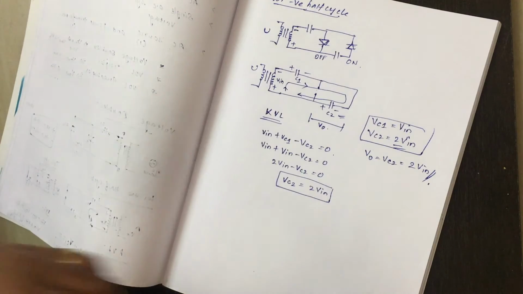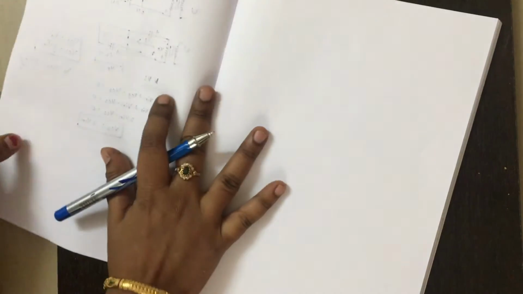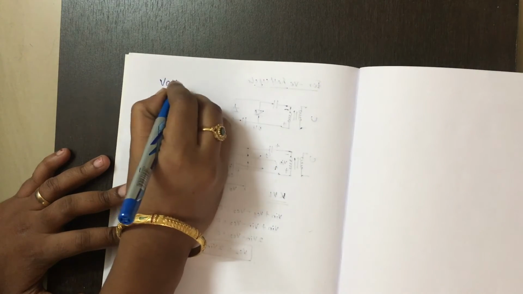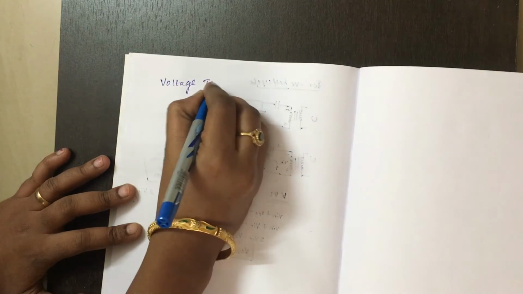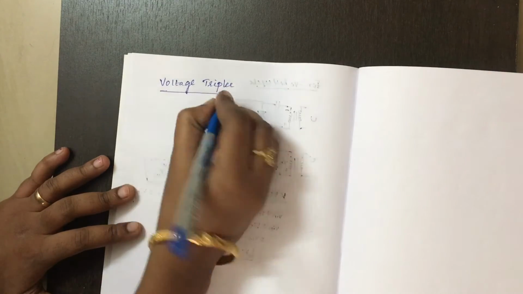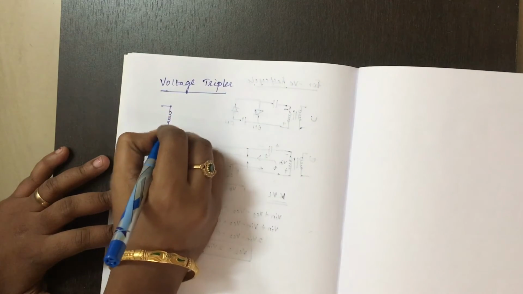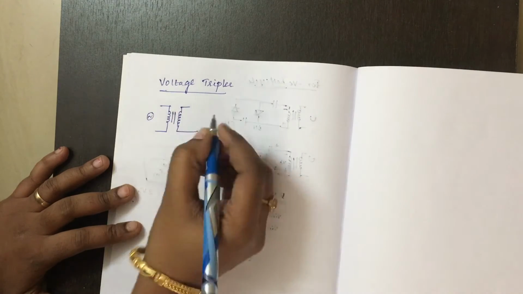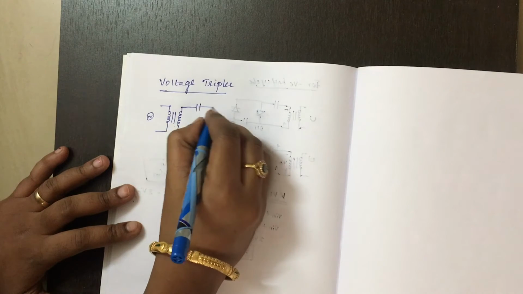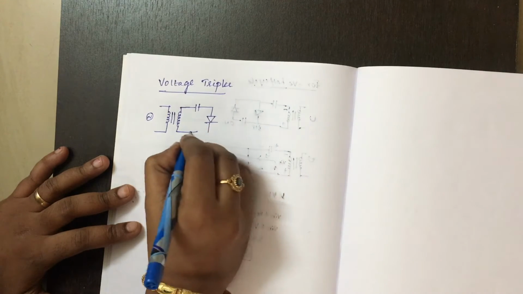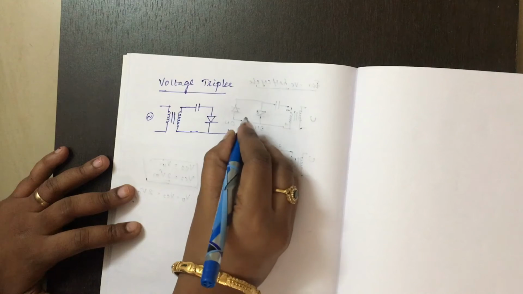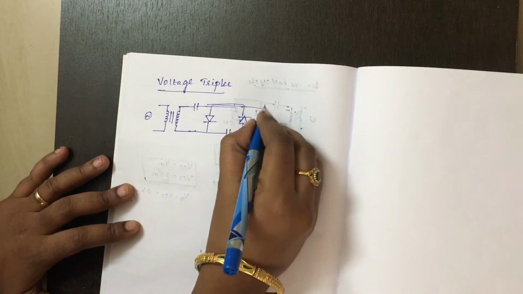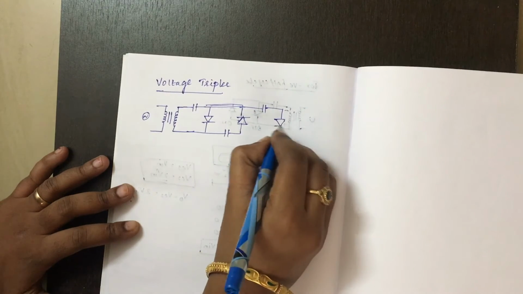Next is voltage tripler. Voltage tripler. Again power transformer and one AC source, capacitor, diode, capacitor, diode, and capacitor, diode.